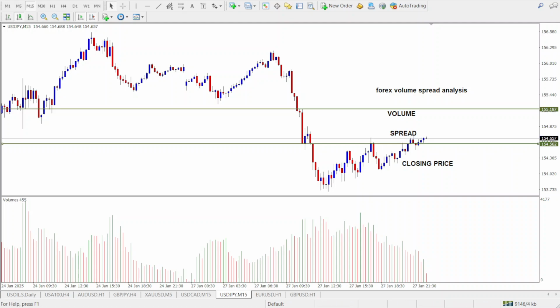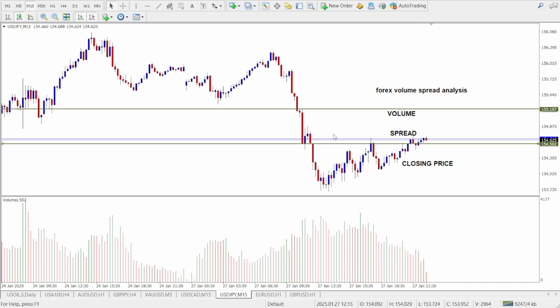Distribution occurs when institutions are offloading their positions at high prices. Look for wide spreads on high volume, but with weak upward momentum. That could be a sign that supply is overwhelming demand. Finally, let's talk about manipulation. Sometimes you will see sudden spikes in volume and large candlestick movements designed to trigger stops or lure traders into bad positions. VSA helps you spot these traps by looking at the relationship between volume and price.